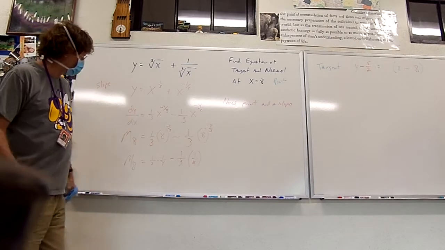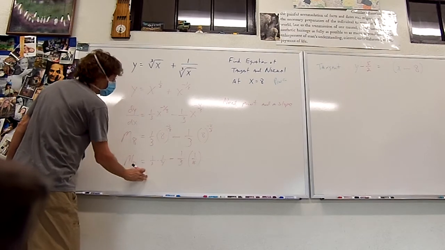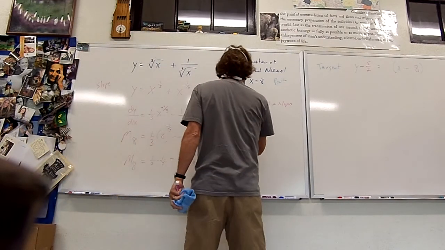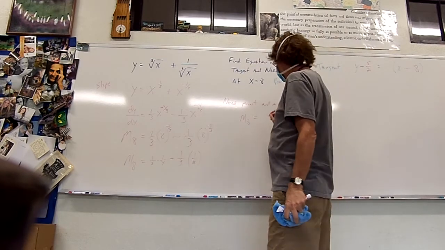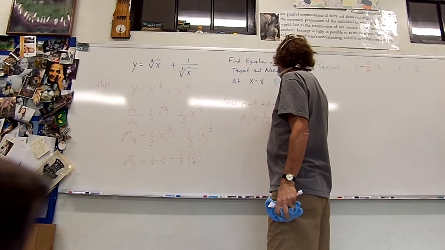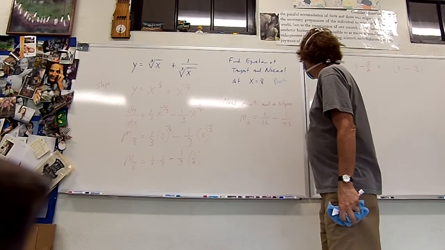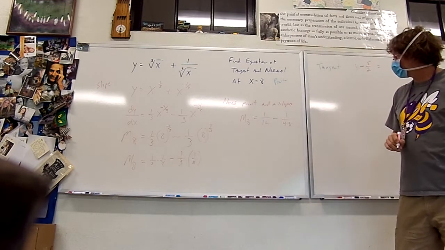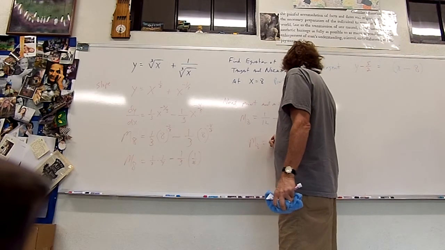Now, the slope, and someone says, Mr. Evans, you might... m of 8 equals 1/12 minus 1/48. Get a common denominator, and I think you get 3/48. No, I'm not going to teach you how to add and subtract fractions.